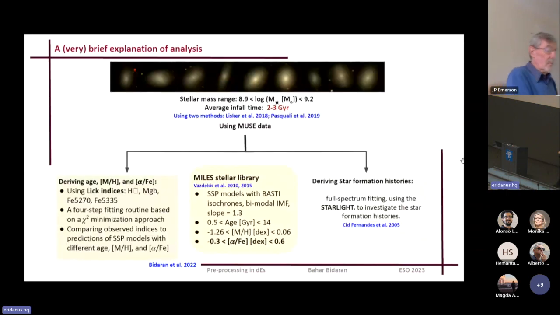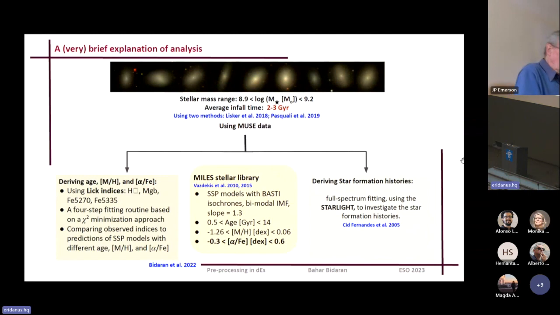We decided to use Mgb, H beta (the beta is not shown here, sorry), and 2 iron lines. We did the fitting through a 4-step fitting routine based on a chi-squared minimization approach. In this case, we measured age, metallicity, and alpha over Fe. This has been performed on one single spectrum per galaxy. We decided to mimic a similar situation where we have one long slit spectrum per galaxy, and also to have the chance to compare our results with a larger number of results available in the literature.